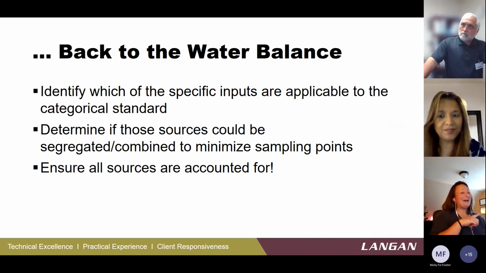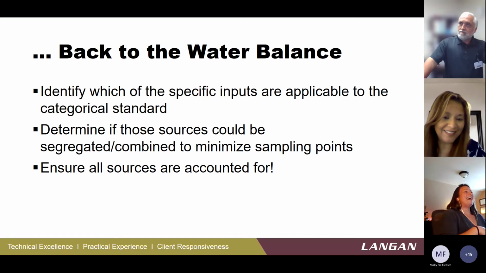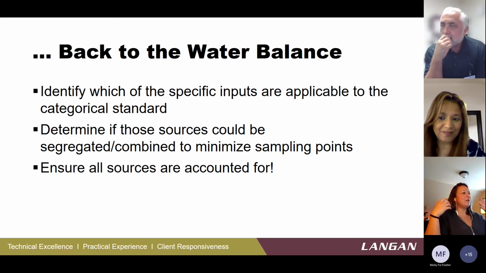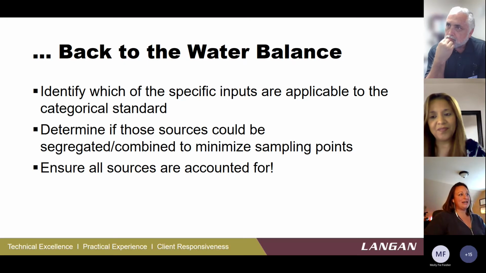Oh, and back to the water balance. Did I say that it was the most important thing? So after you have gone through this process, now we know what's using water. We know what we're making and how it's made. So now we're going to go back to our water balance and say, okay, now I'm going to group my things. So what are my inputs, right?